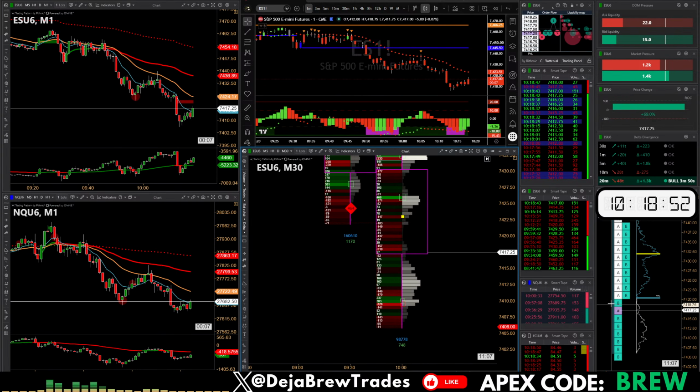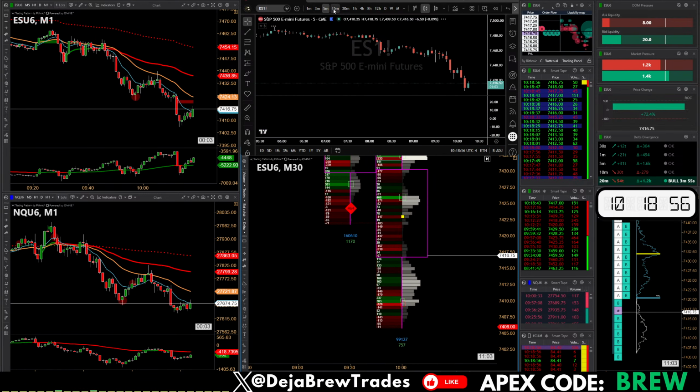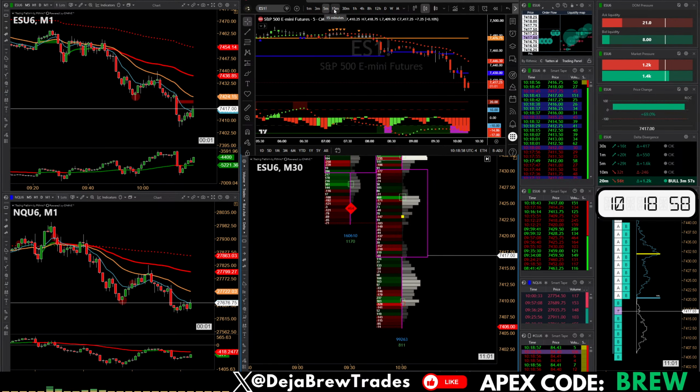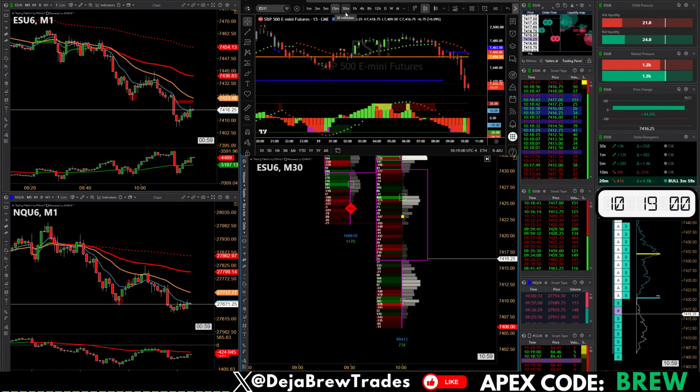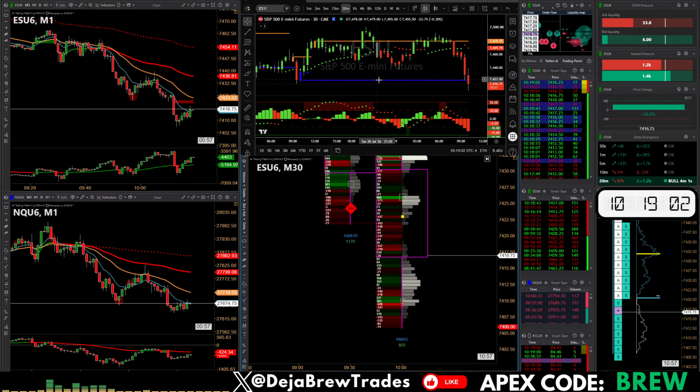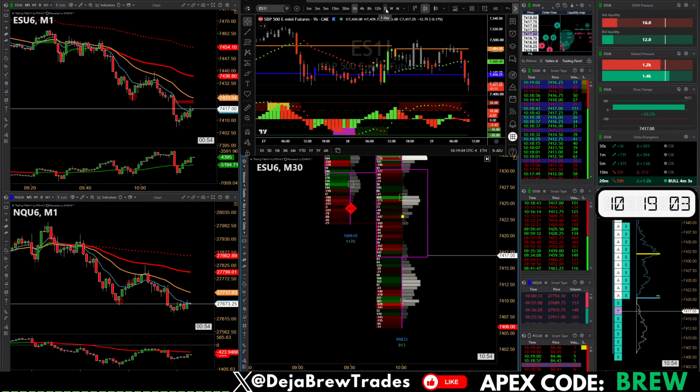They're trying to stay relatively close to that 20 level, which will make it so they do not have single prints in about 10 minutes when that candle closes.